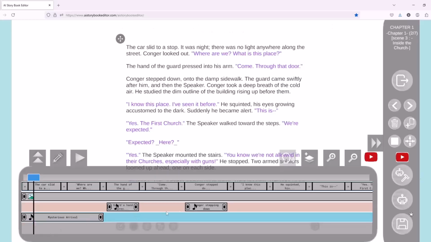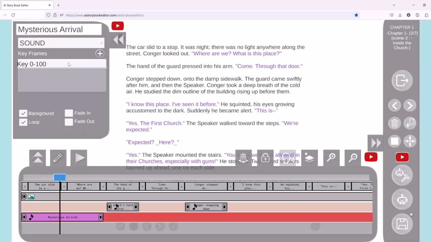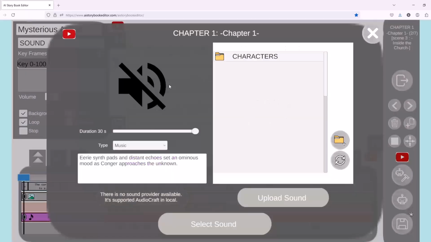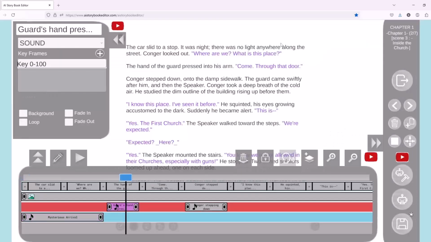In the timing there are also timelines for tunes that can be played, melodies that can be played during the narration. In the case that you are using a text to audio provider like Audiocraft, you can use it.